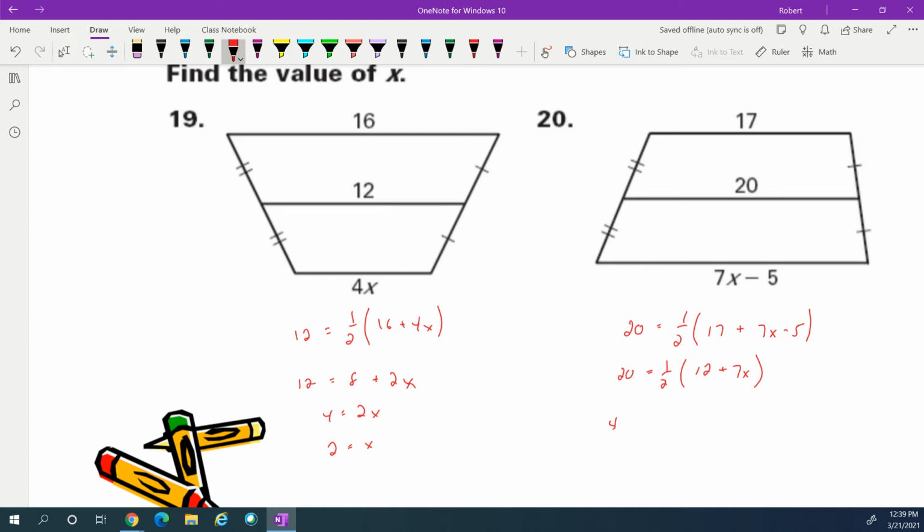In this example, I prefer multiplying by 2, simply avoiding the fraction or the decimal. We have 28 equals 7x and x equals 4. So a few examples, the exact same formula, just changing the algebra a little bit.